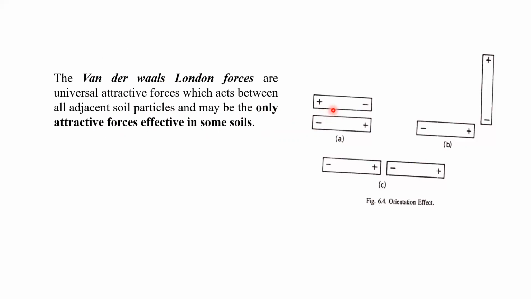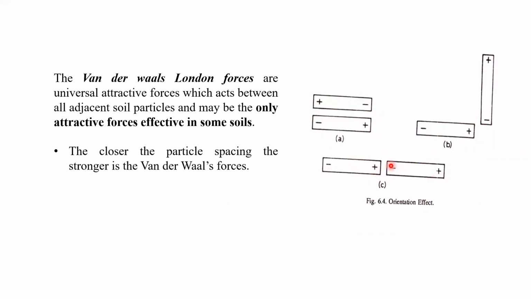Water is also going to play a major role in attraction between the two particles, or in attachment or bonding. So you can see this is the orientation of how the plus charge or minus charge are going to attach to each other. Here also you can see the orientation is different, and here orientation is different, right? So the closer the particle spacing, the stronger are the Van der Waals forces, right?